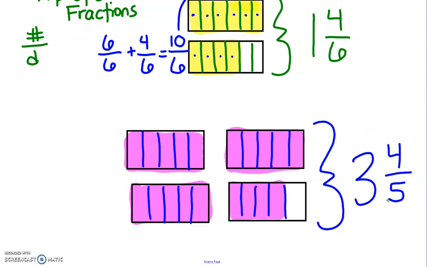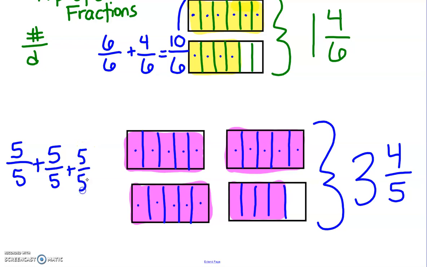But I also have 5 fifths that I ate, plus 5 fifths that I ate, plus 5 fifths that I ate, and then plus 4 fifths that I ate.